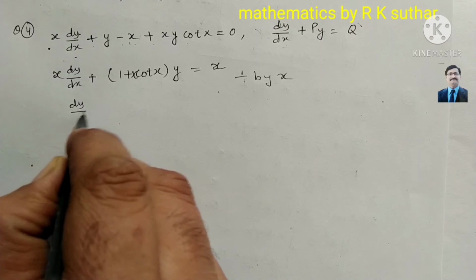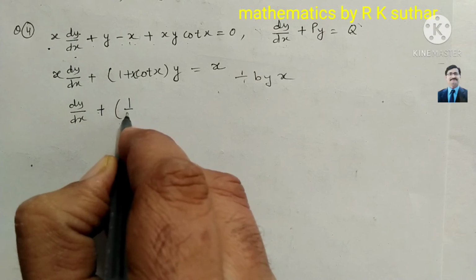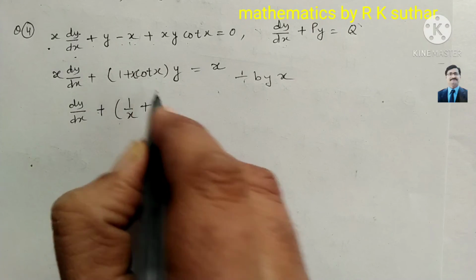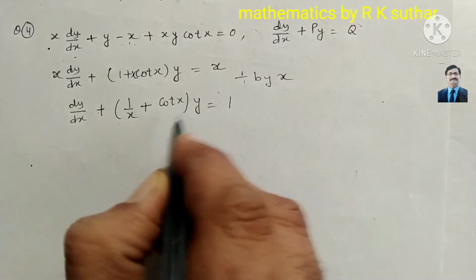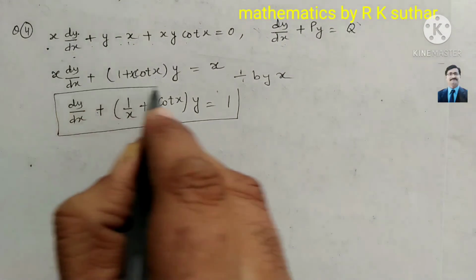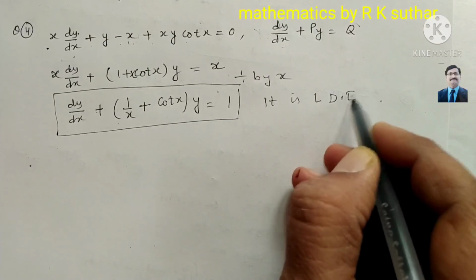So dy/dx plus 1 upon x plus cot x, times y, equals 1. And this is a linear differential equation.